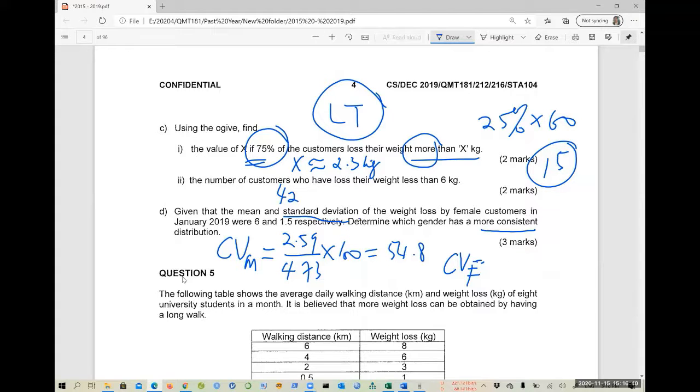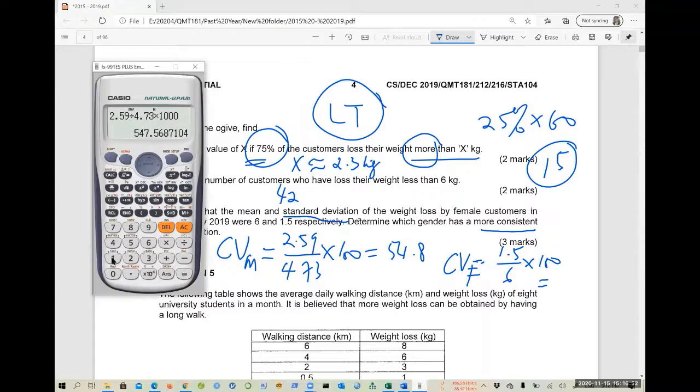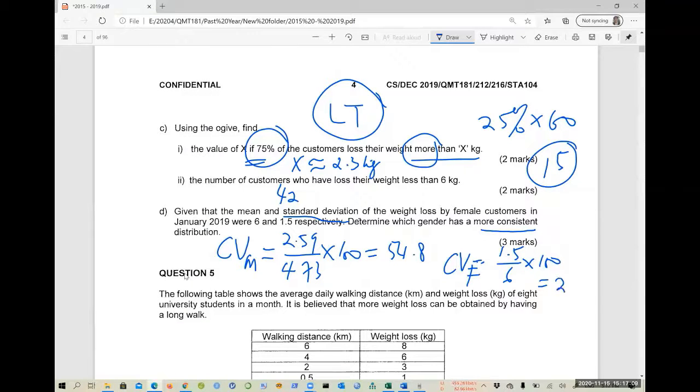So you have 1.5 divided by 6 and then multiply with 100. So this gives you 25%.